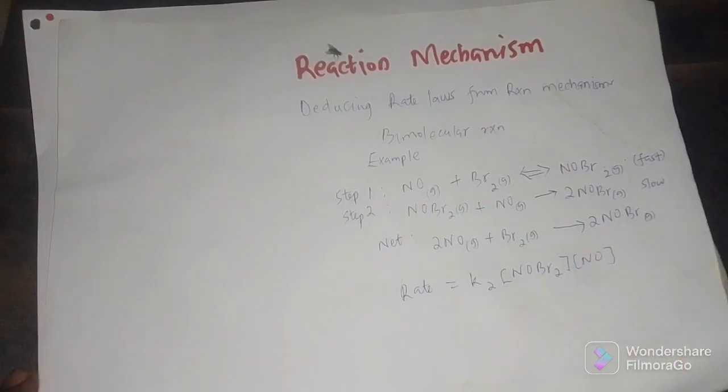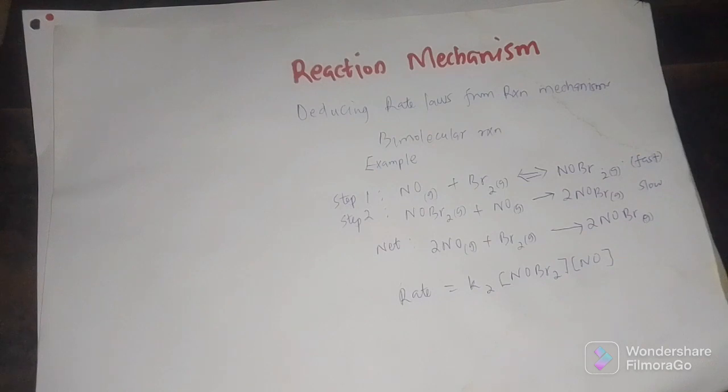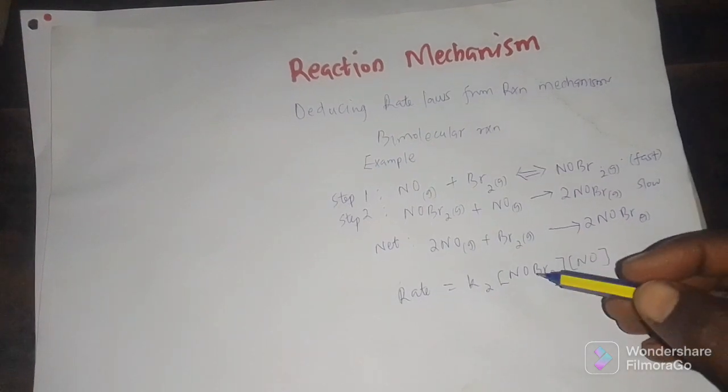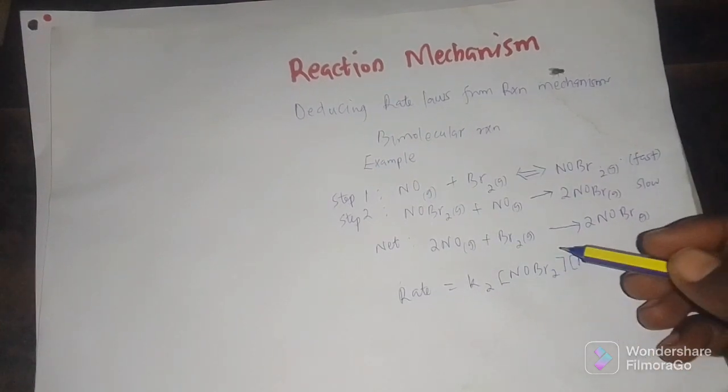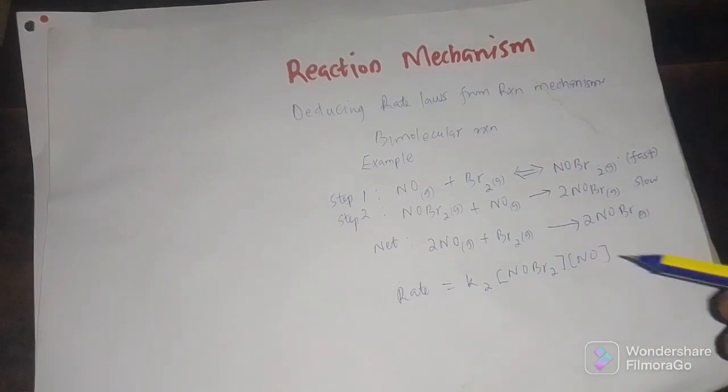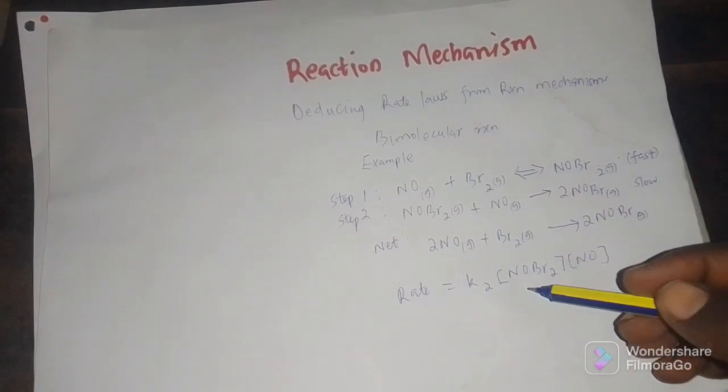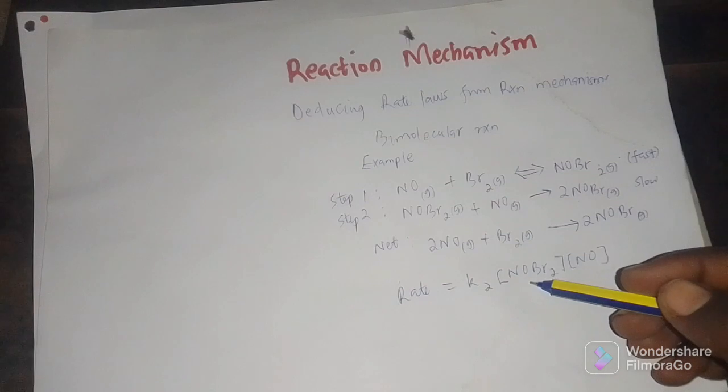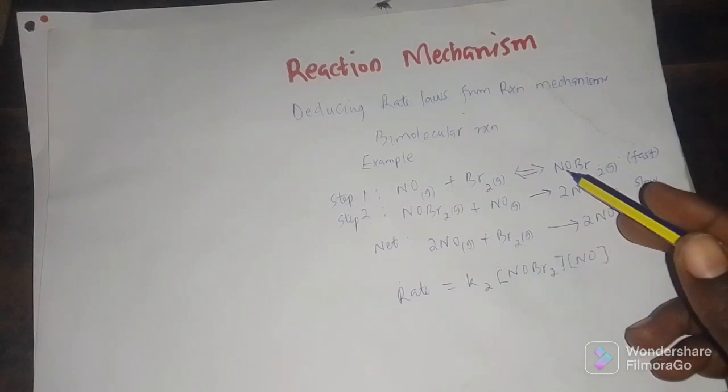From the rate of the slow step, you notice that there is an intermediate there. When writing the rate law, this intermediate is unnecessary, because intermediates are unstable molecules.